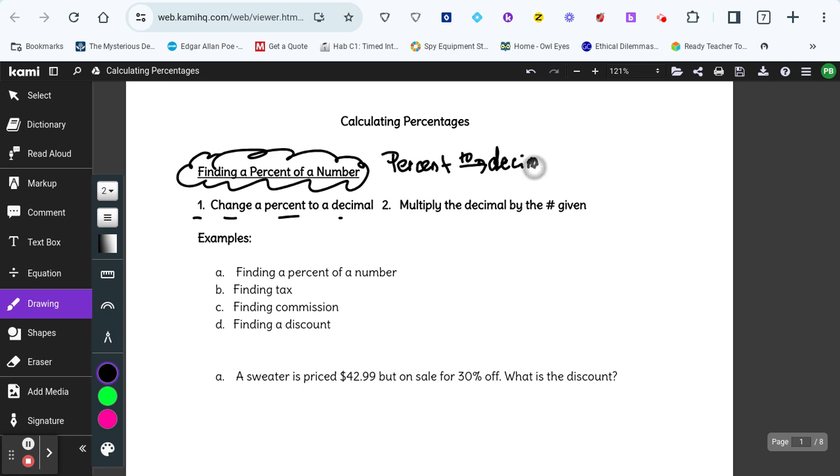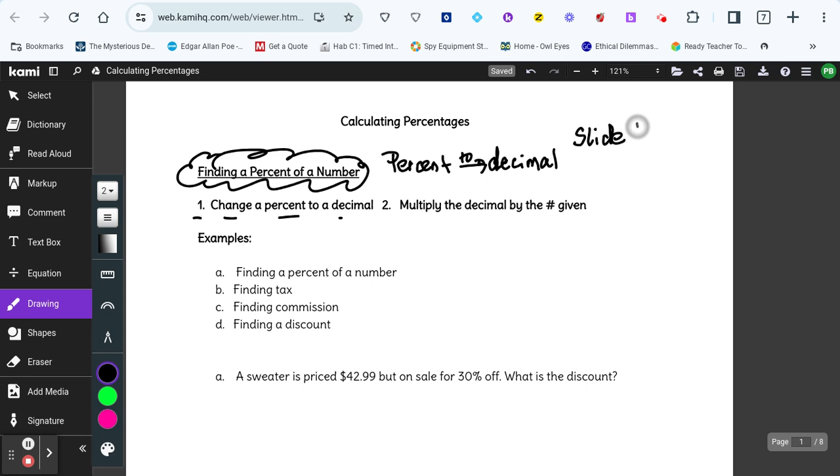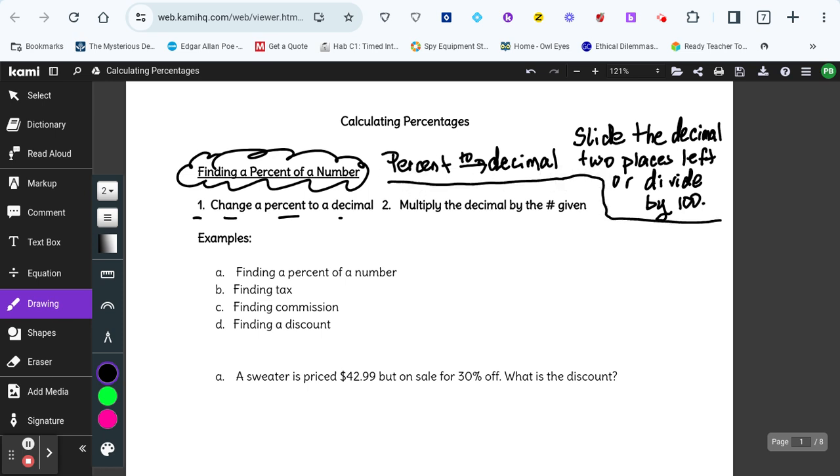All you have to do to change a percent to a decimal is slide your decimal two places to the left, or divide by 100. Okay, so that's how you change percent to decimal.